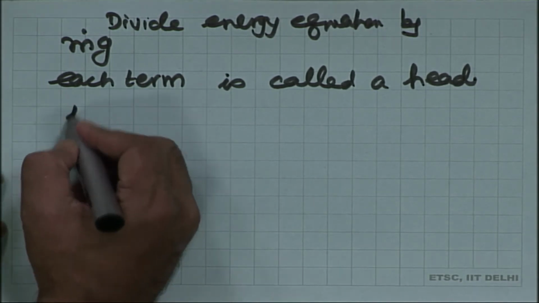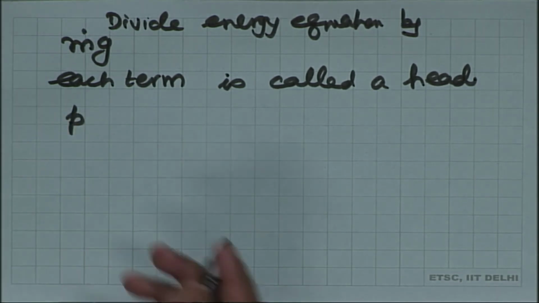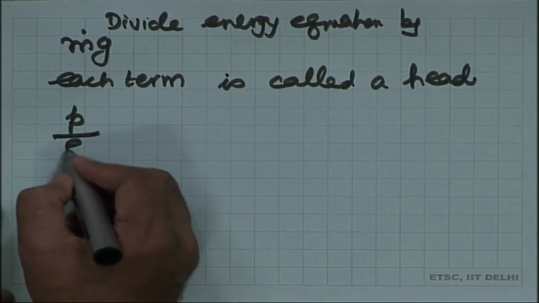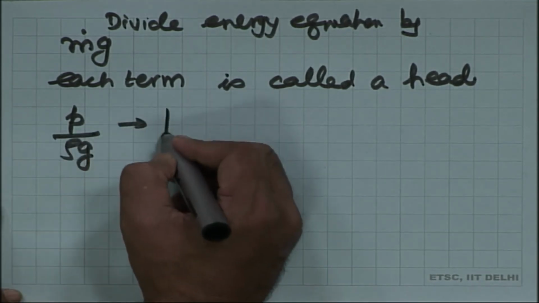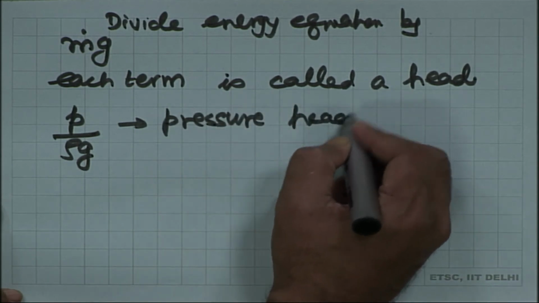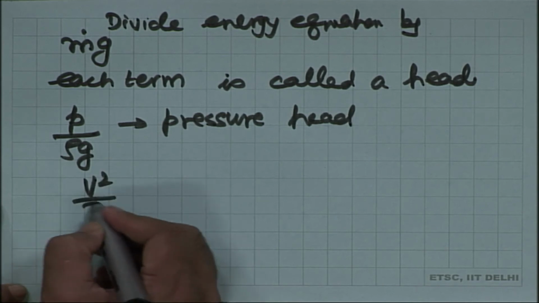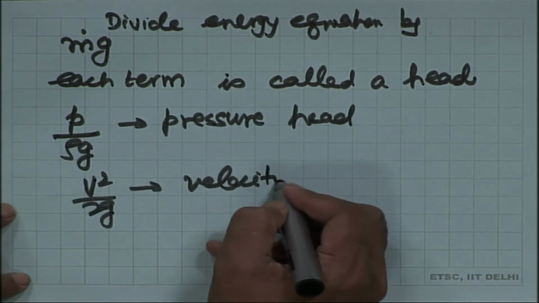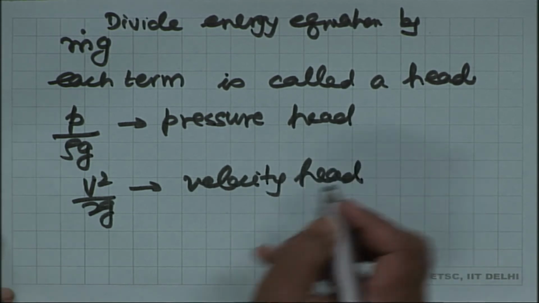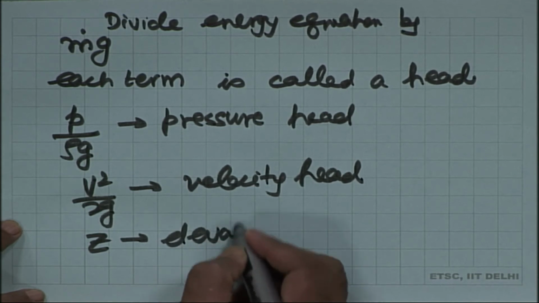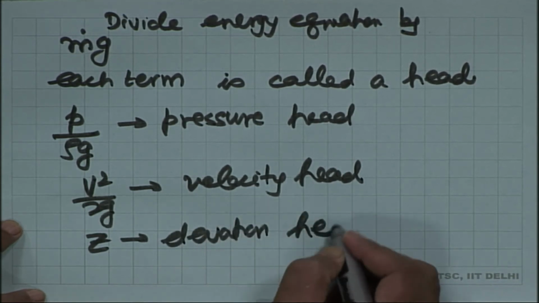For example, the pressure term, if I take the enthalpy and split it as u plus P by rho, the pressure term will become P by rho g. This is called the pressure head. V square by 2g is called the velocity head, and Z is called the elevation head.